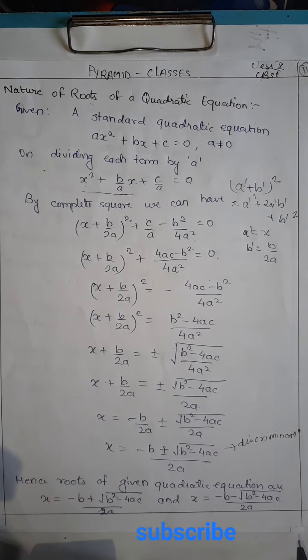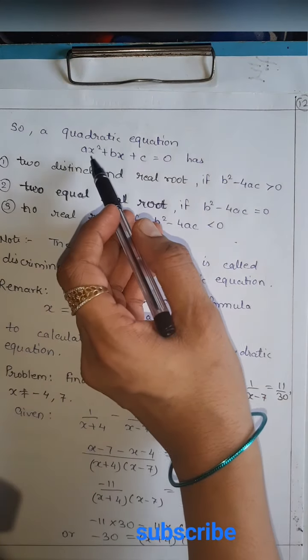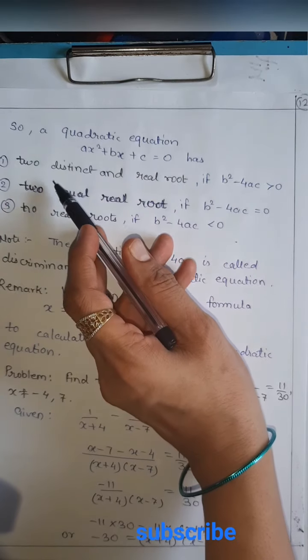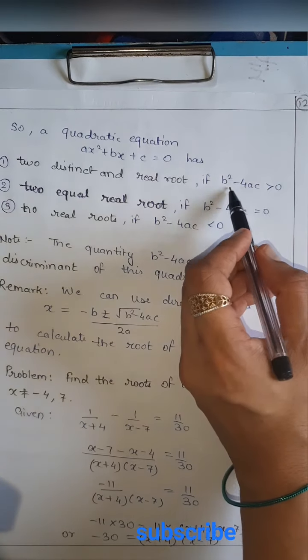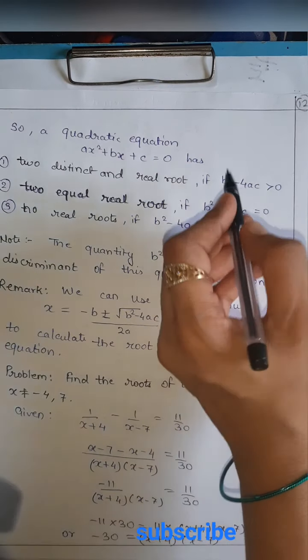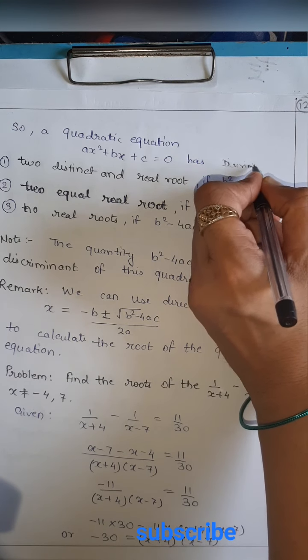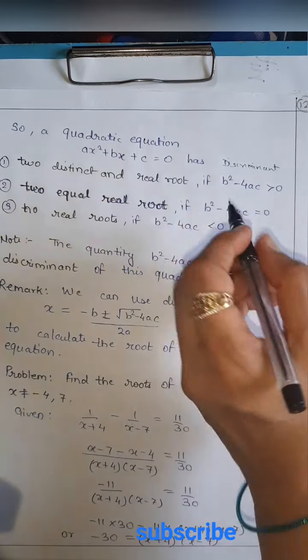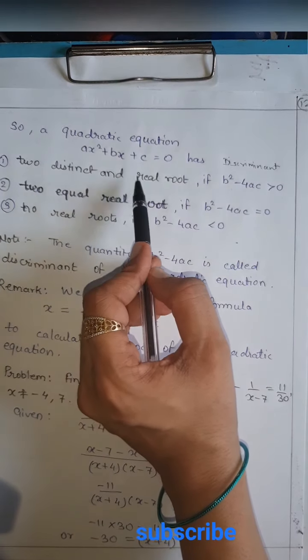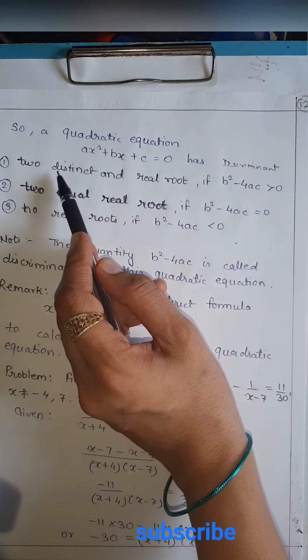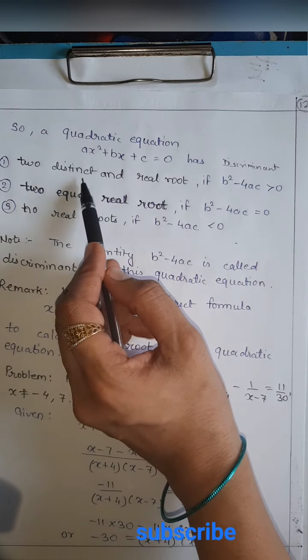Let us see. The quadratic equation ax square plus bx plus c equal to 0 has two distinct roots if the discriminant is greater than 0. If the value of the discriminant is positive, then the roots are distinct and real, meaning the values of x will be real and two different values we will get.